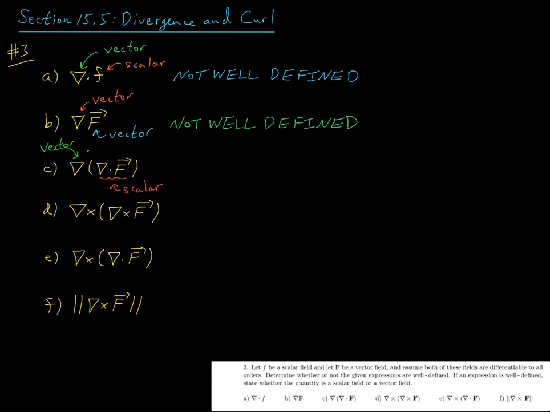So that would be behaving like scalar multiplication. And so this is well defined. And what would be the resulting expression? Would it be a vector field or a scalar field? Well, if this is a scalar field and then we're taking the gradient of it, the result is going to be a vector field.